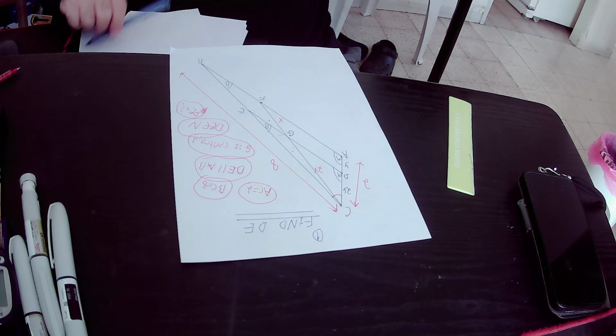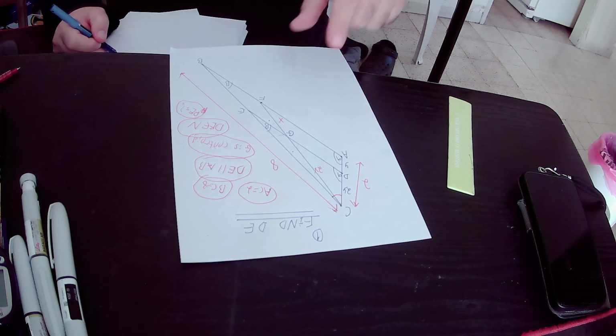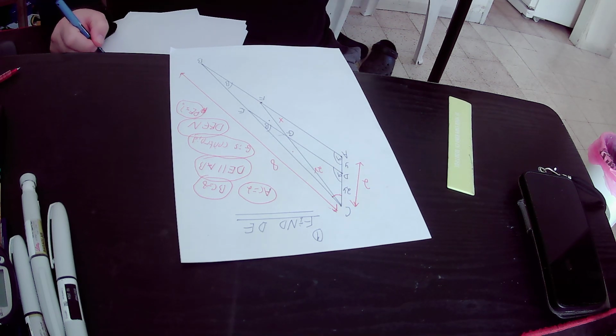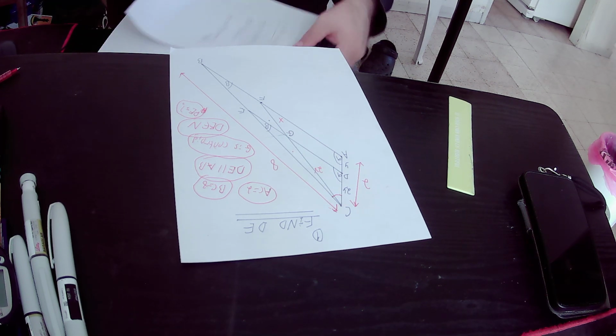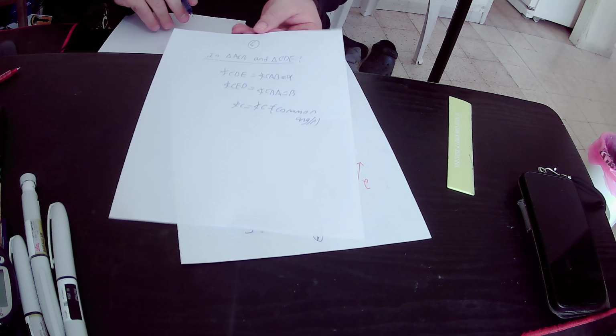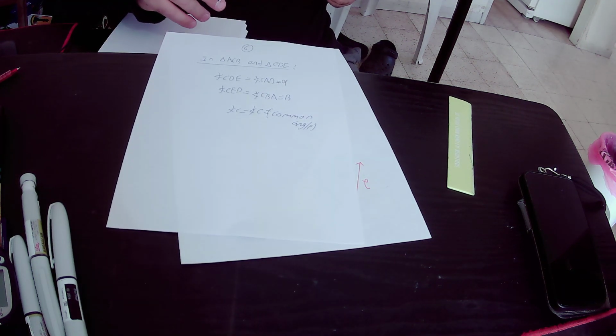So angle C equals angle C, because actually it is a common angle. It belongs to both triangles. So we actually proved that all the angles of triangle ACB are equal to all the angles of triangle CDE.